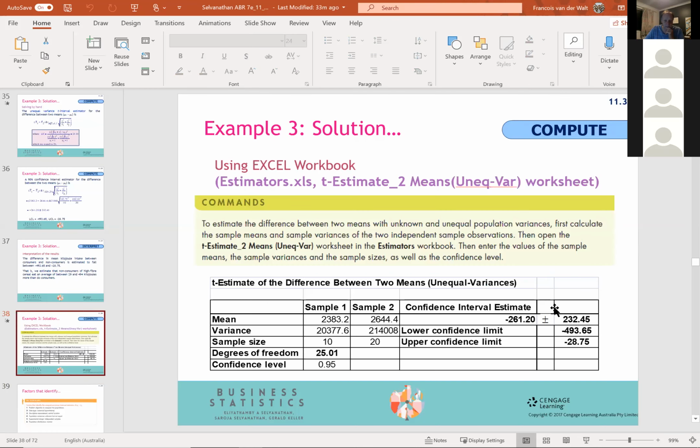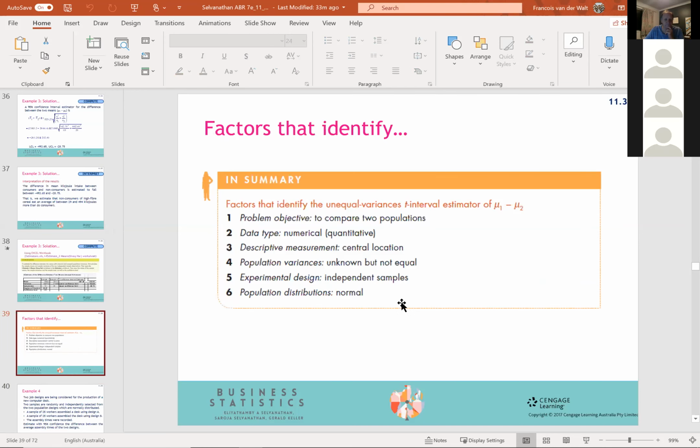And here are the actual calculations, similar to what we've done. Anyone got any questions on this? So the problem objective is to compare two populations.